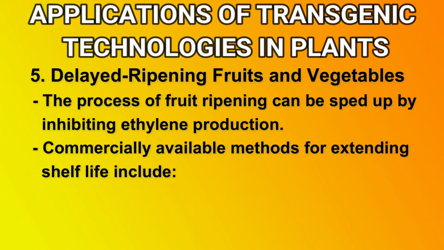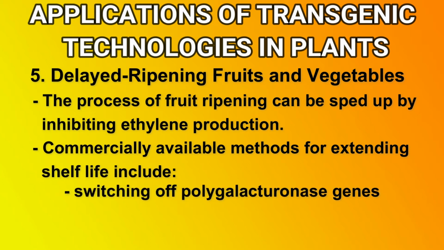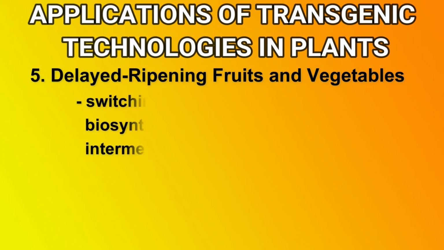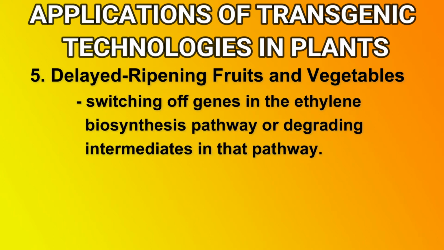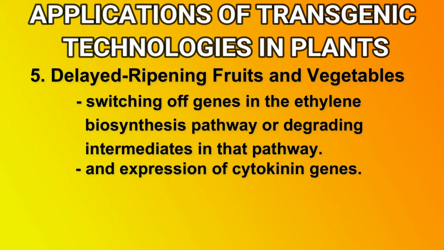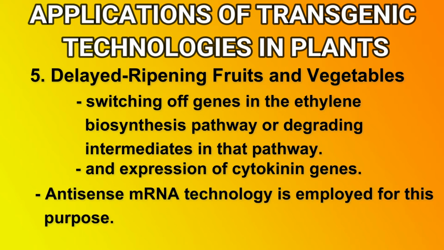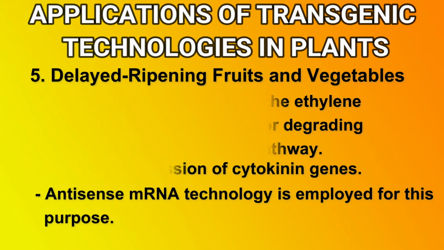Commercially available methods for extending shelf life include switching off polygalacturonase genes, switching off genes in the ethylene biosynthesis pathway or degrading intermediates in that pathway, and expression of cytokinin genes. Antisense messenger RNA technology is employed for this purpose.